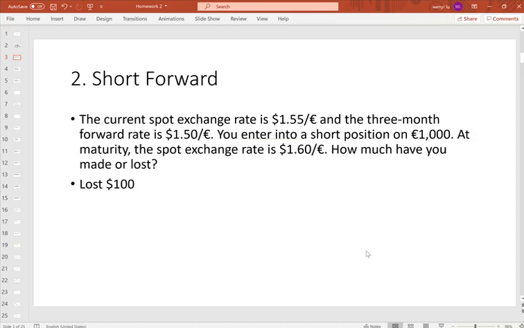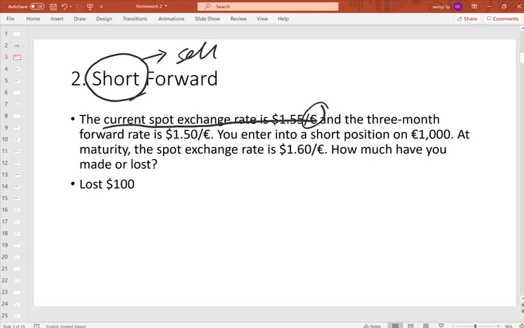The next question, be careful. We have the short. We short forward. Short means sell, so our trader takes short positions on this forward contract. Our current spot exchange rate is $1.55 per euro.